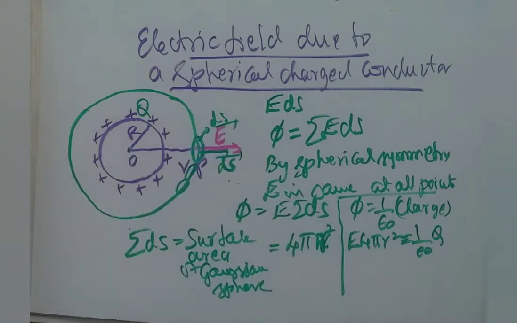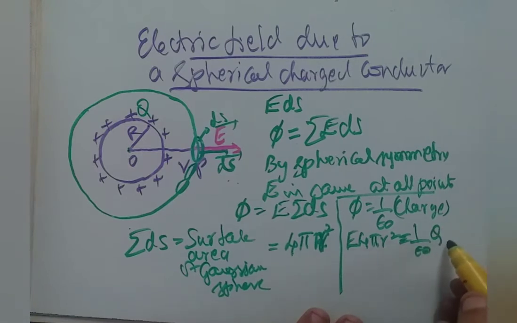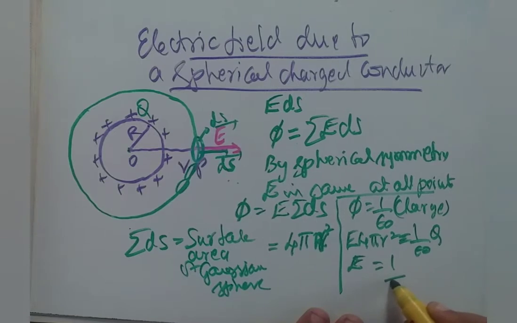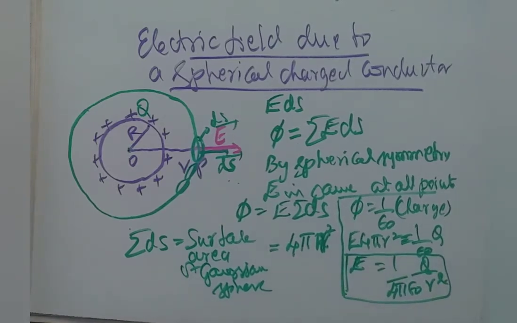Therefore, E into 4 pi r square equals 1 by epsilon naught Q. Therefore, on cross multiplication, E equals 1 by 4 pi epsilon naught Q by r square.